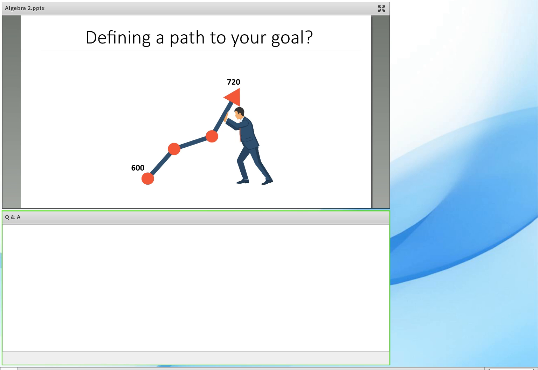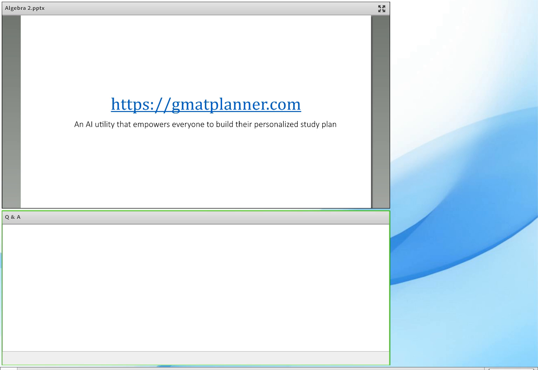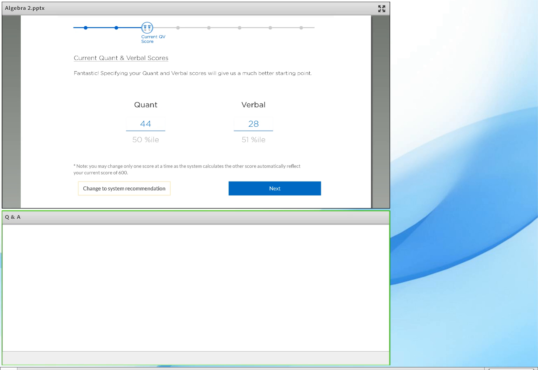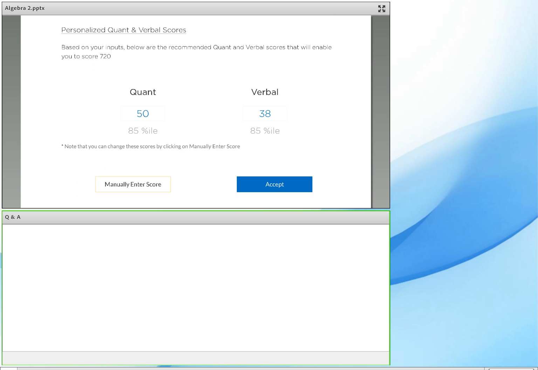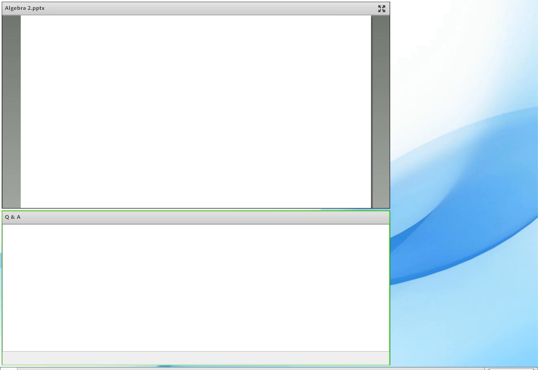And to do that, we've created this AI-driven tool called GMAT Planner that allows each and every one of you to build your personalized study plan. What this tool does is it takes into account your starting scores in quant and verbal, and then it gives you a recommendation as to, if you want to get to a certain score, what should be your target quant and your target verbal scores.